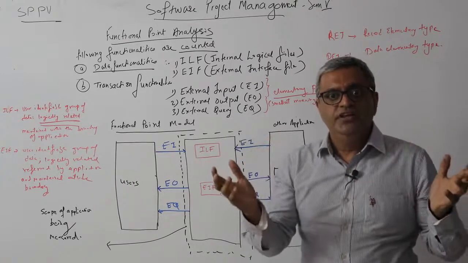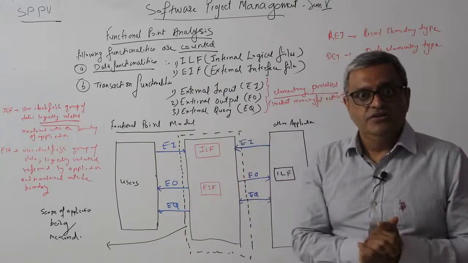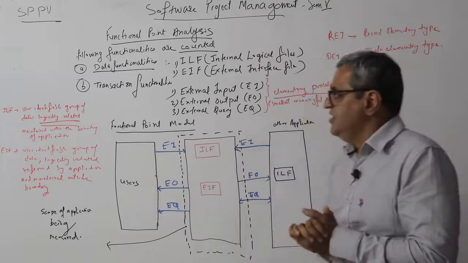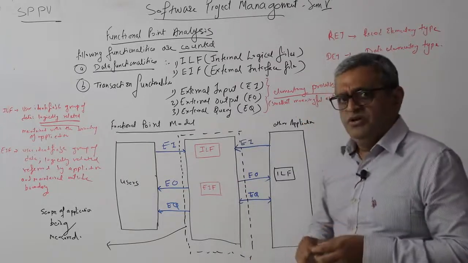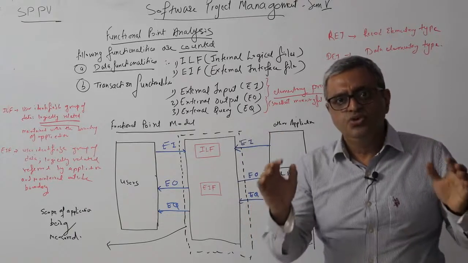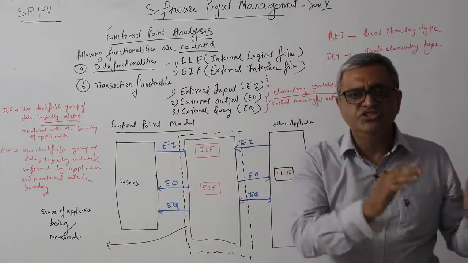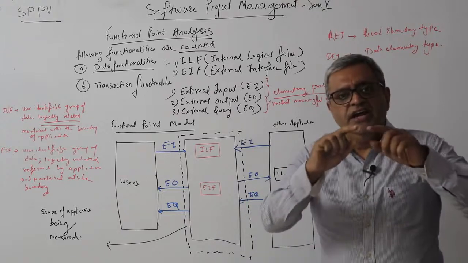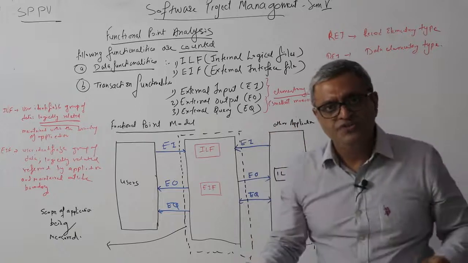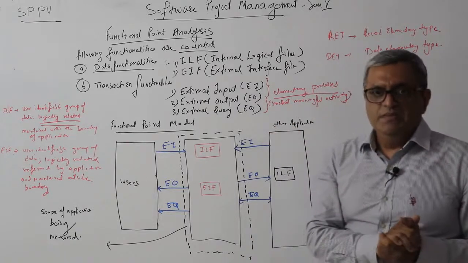So employee related data getting into one internal logical file. And remember, internal logical files are those files within which data enters, as a part of the software, within the scope of the software which is getting measured.